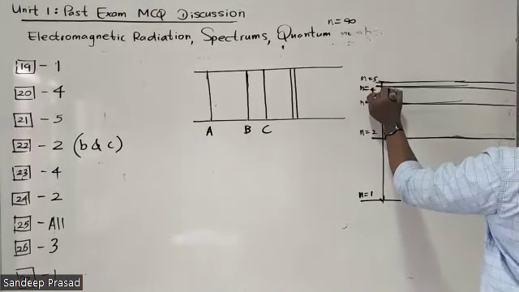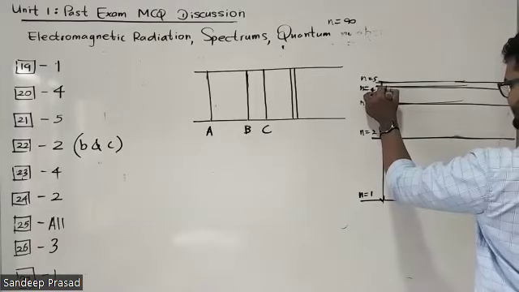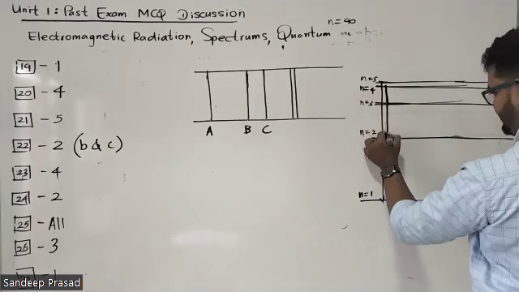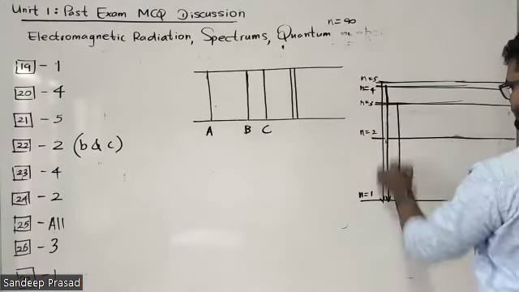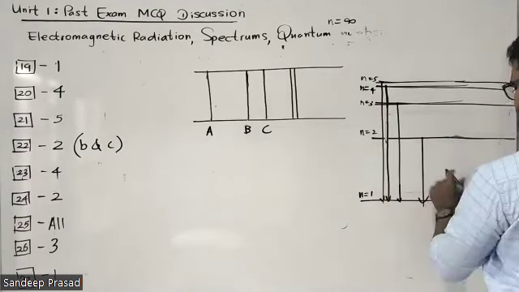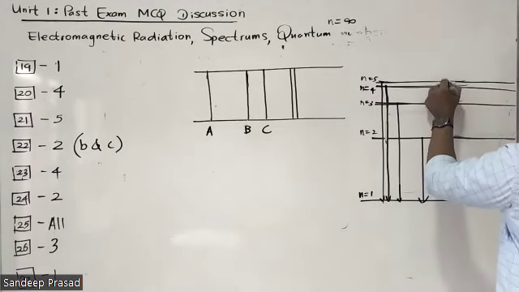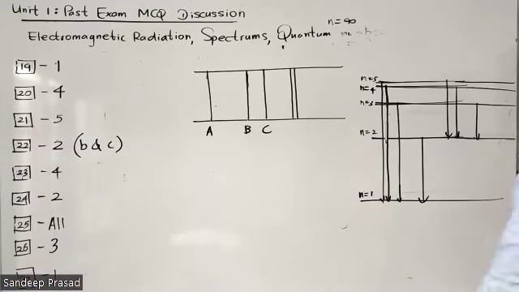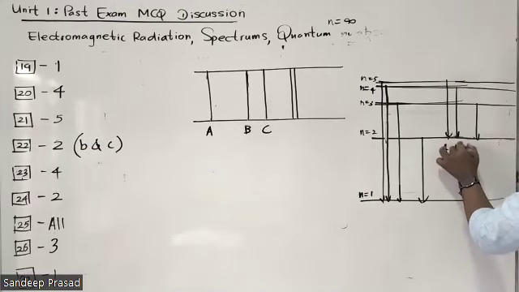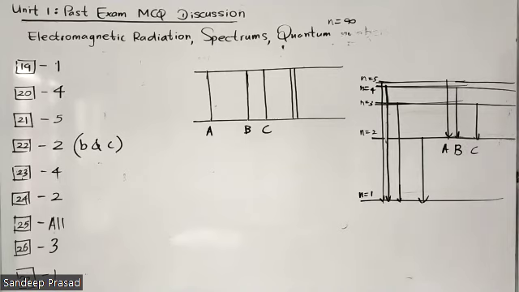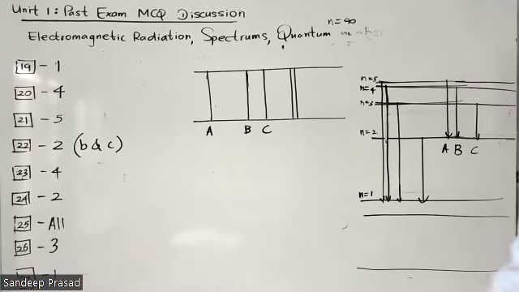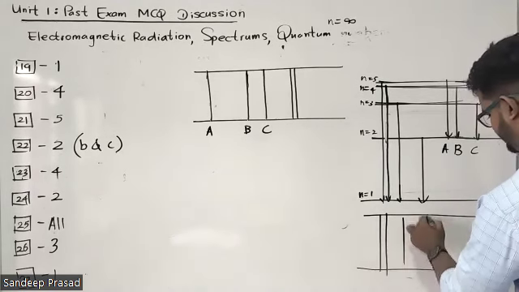Now I'm drawing the series to the other direction. That means for the direction where the wavelength is increasing, then this is actually the Balmer series. So these are the lines A, B, C. Can you understand? These are the lines A, B, C. So when you draw the spectral line diagram, it should be like this.